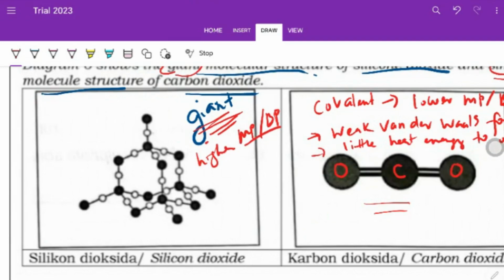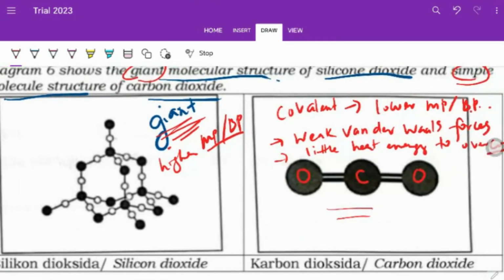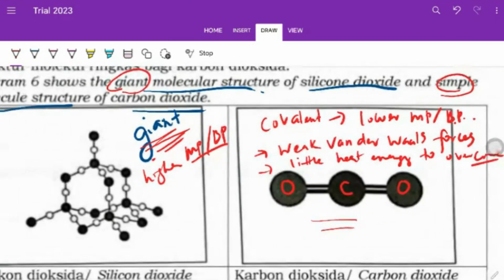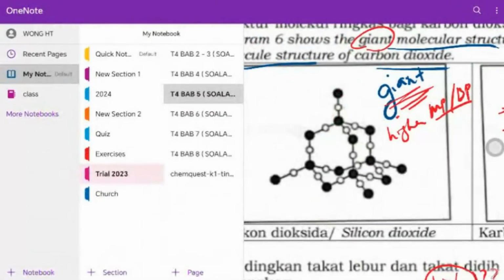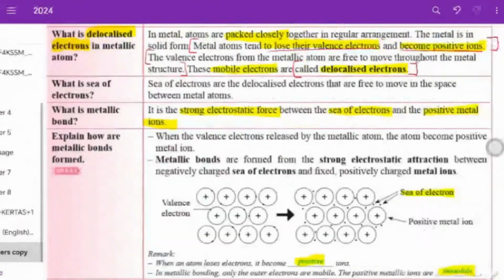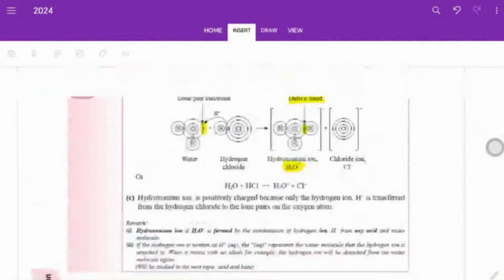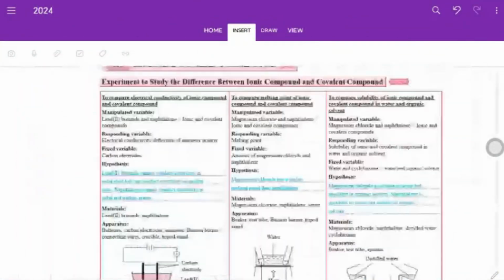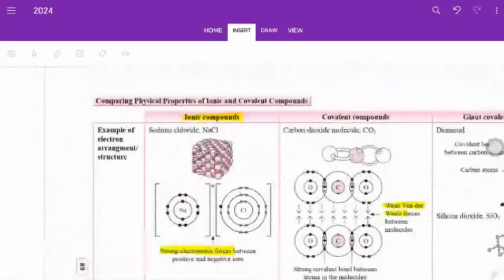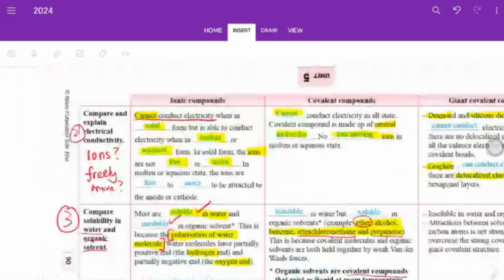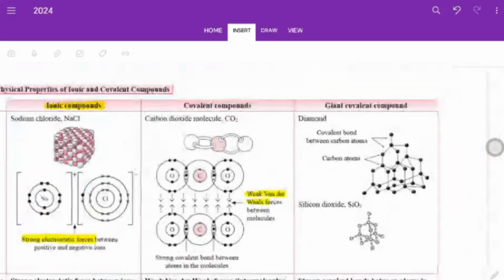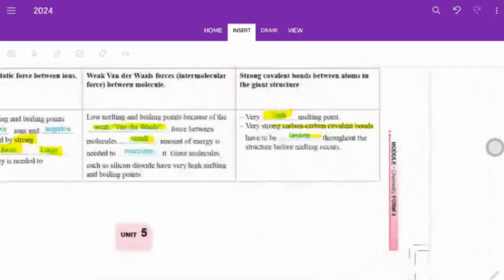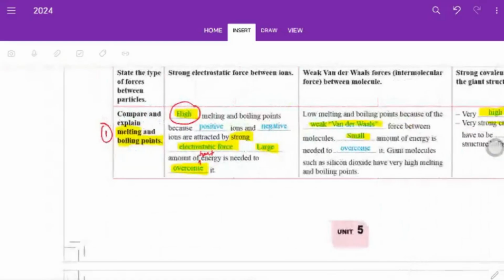Okay, now everybody, you go to search. What is the bond or attraction force in the giant molecular structure? You go to search for your notes. Okay, which page? Page 89. 89, 89.